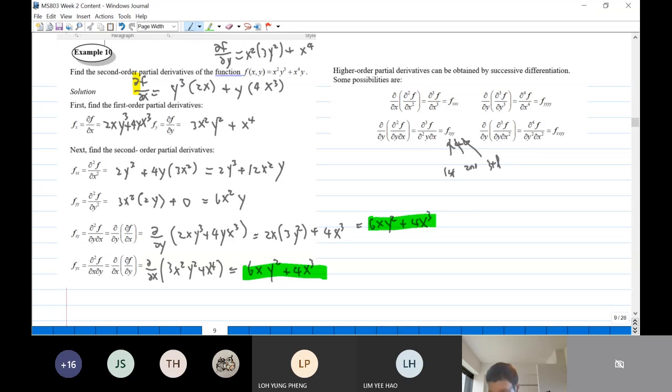Basically this is how the notation is. So for example, this one differentiate x 1 time to y 2 time, all right?